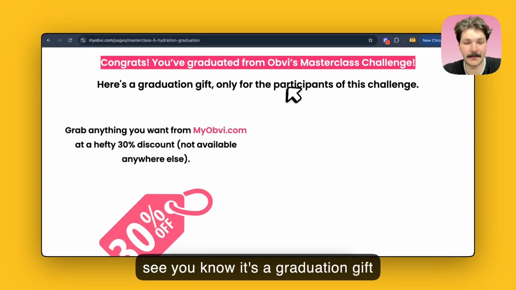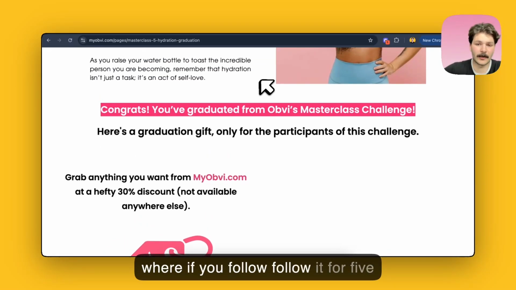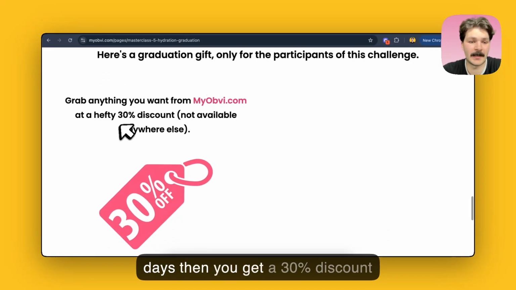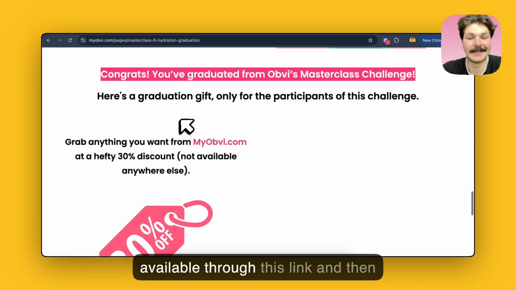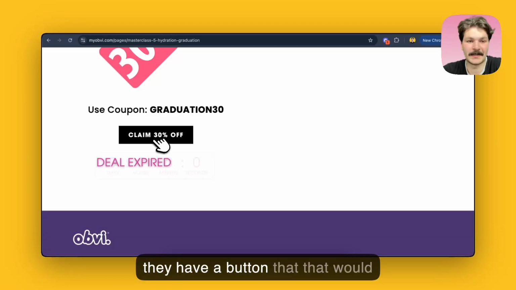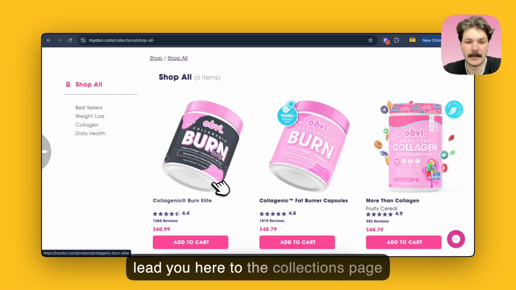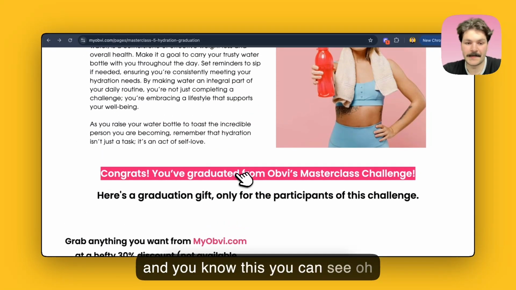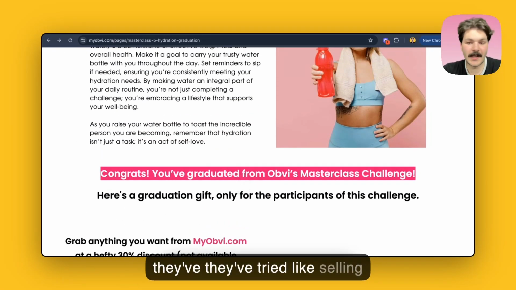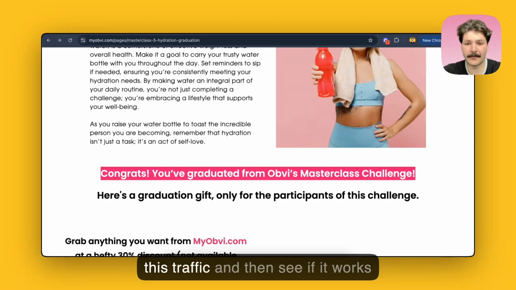It's a graduation gift. They tried out this funnel where if you follow it for 5 days, then you get a 30% discount. That's of course only available through this link, and then they have a button that leads you somewhere. Oh yeah, they lead you here to the collections page, and you can see they've tried selling to people for 5 days to really warm up this traffic and then see if it works.